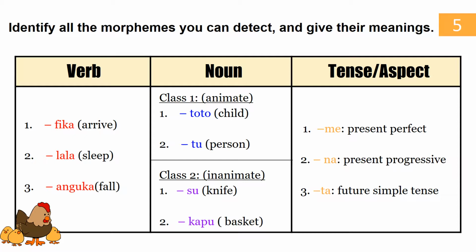We also divided the noun morphemes into two classes, animate creatures and inanimate objects. For tense/aspect morphemes, we have me for present perfect, na for present progressive, and ka for future simple tense.